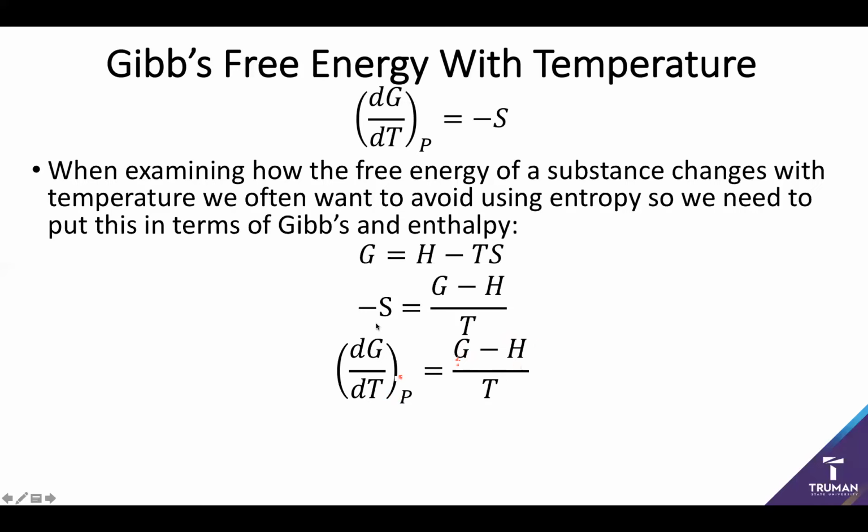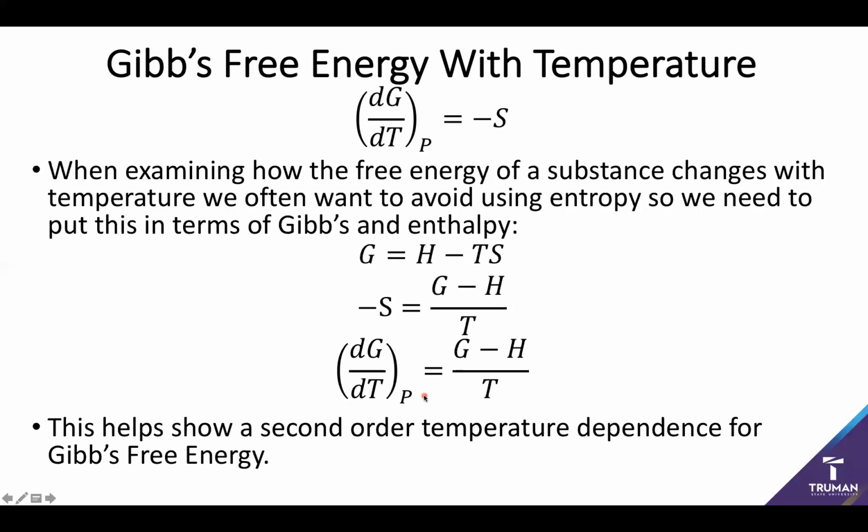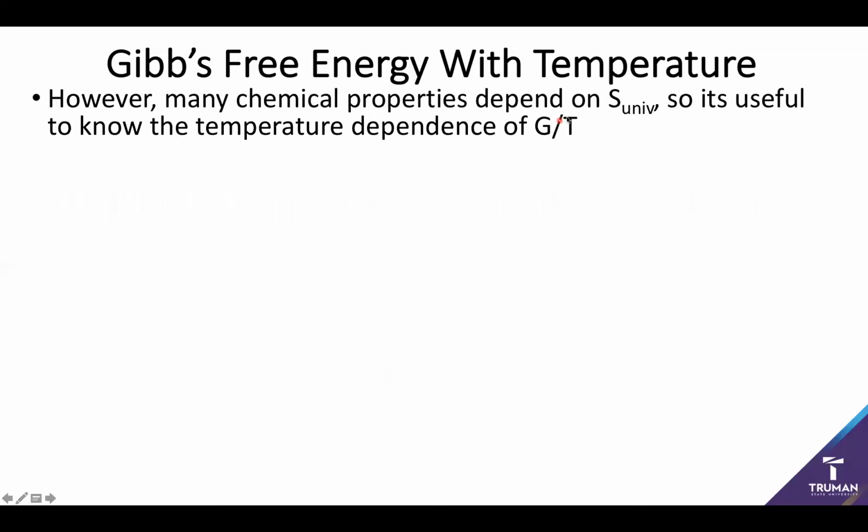Now, this is actually a general useful expression, and we're often going to find ourselves substituting this expression when we occasionally are dealing with matters of temperature dependence with phase properties. However, one of the other things that this is very useful is when we're looking at the second order temperature dependence on Gibbs energy. Because it turns out that a lot of thermodynamic properties actually depend on universal entropy, so the total entropy of our whole macro system, and not so much on the Gibbs.